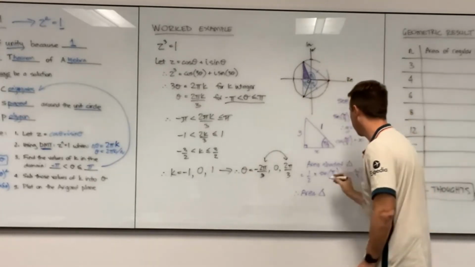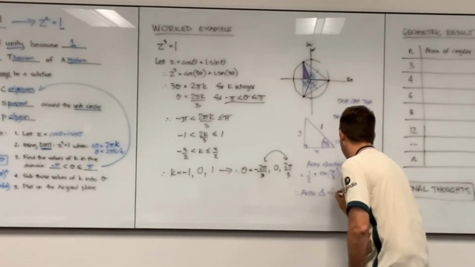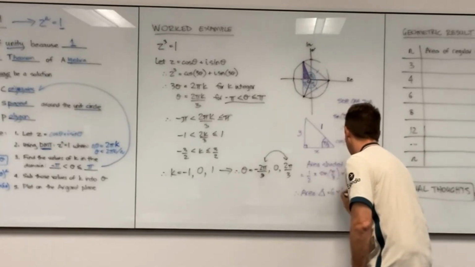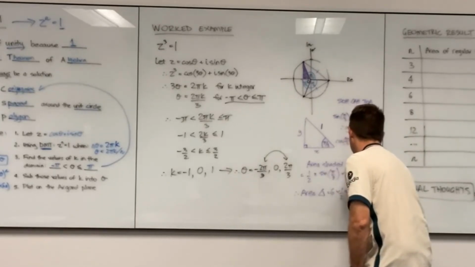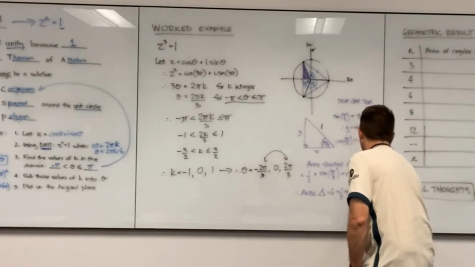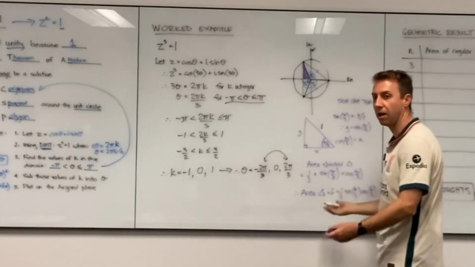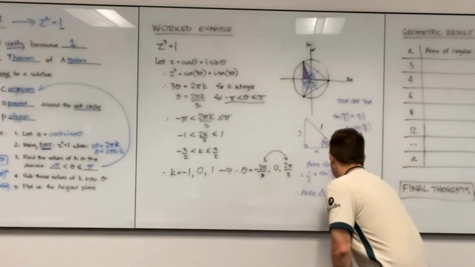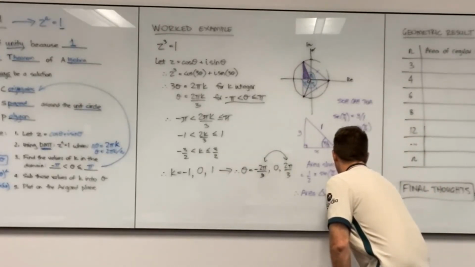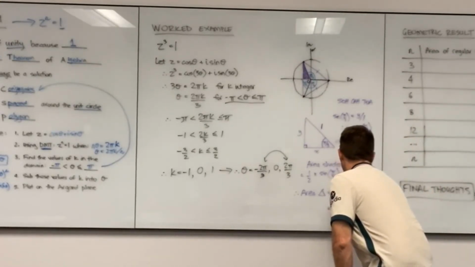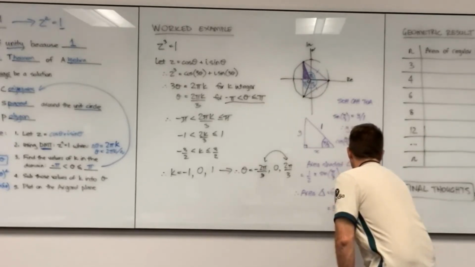So there's 6 of them. So the area of the whole triangle is equal to 6 times a half sine pi on 3 cos pi on 3. 6 times a half is 3. So it's 3 sine pi on 3 cos pi on 3.